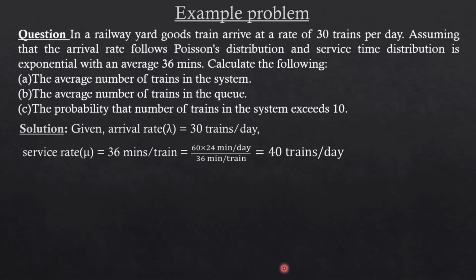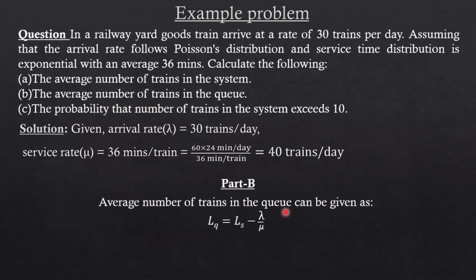Now let us solve the second part, part B. Part B says the average number of trains in the queue. So we need to find the average number of trains in the queue, which is represented by LQ. That means we need to find the length of queue here. And this LQ is given by LS, that is the length of system, minus lambda by mu.